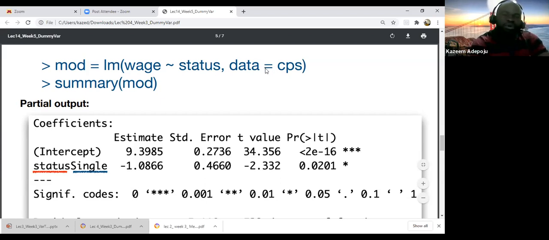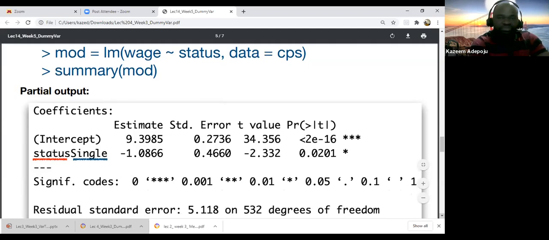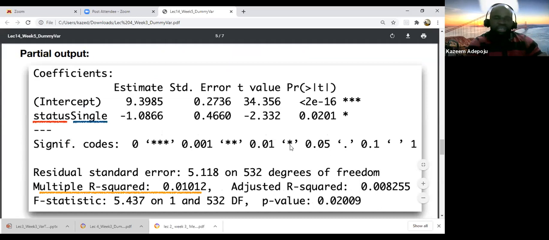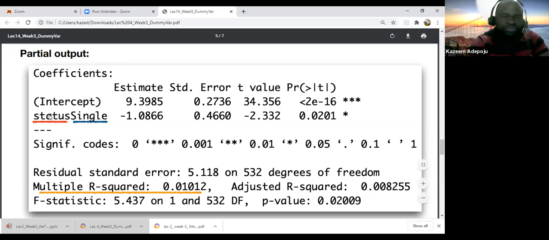When I find a summary of that, this is what I have. Can you see that now? There's something I want you to see that makes it a little bit different from the output of a linear regression model when the predictor is not categorical. When you take a look at this, you're going to see status single.